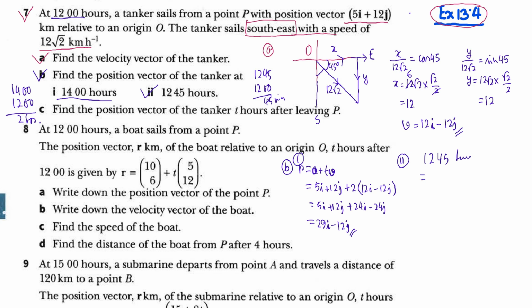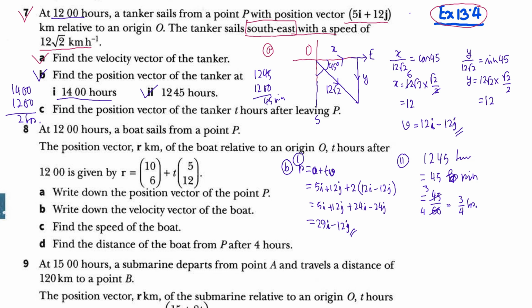It means that it gives us 45 minutes from the initial position. So 45 minutes, we are going to convert it to hour. We have to divide with the 60, and we got from there 3 by 4 hour.